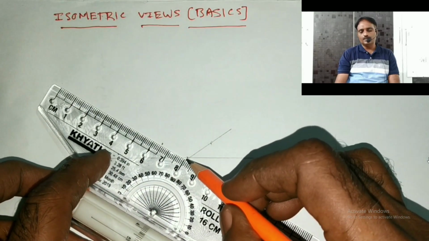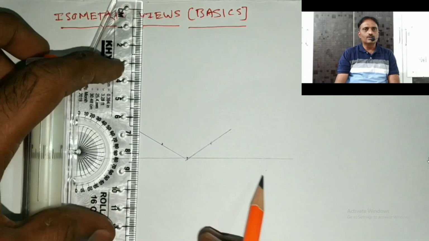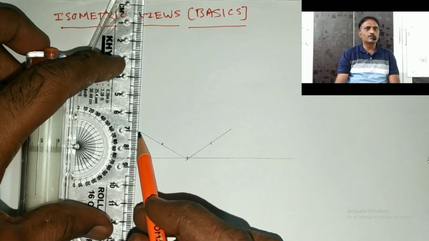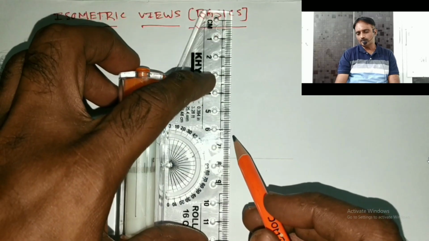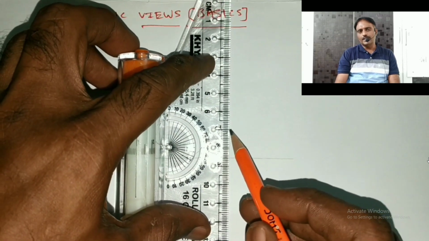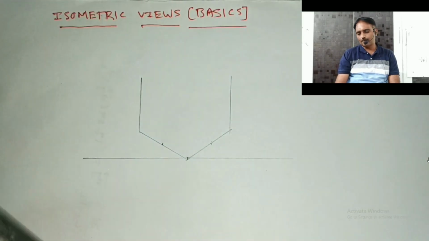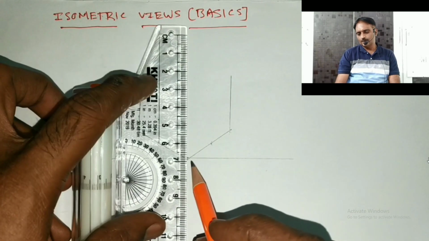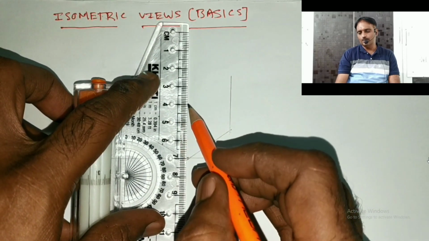The x, y and z lengths will be from the views. We are going to get those lengths from the views. The z axis makes 90 degrees, or is perpendicular to the reference line. So first of all, let me complete the cube here.